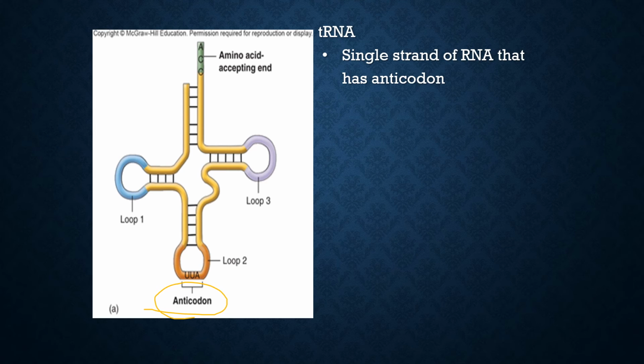And what this does then is it reads the mRNA codon sequence. This amino acid accepting end is what provides the appropriate amino acid. Okay, so the function of mRNA is to read DNA and make that into RNA. And then this transfer RNA is what will bring in the appropriate amino acid to make that correct polypeptide chain.